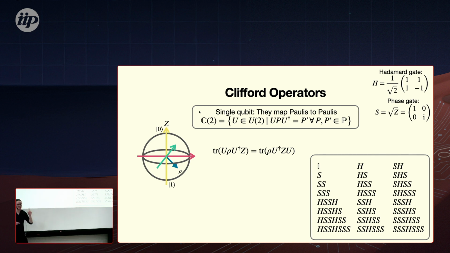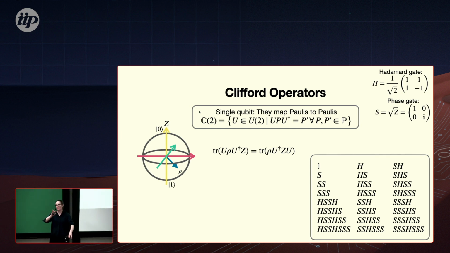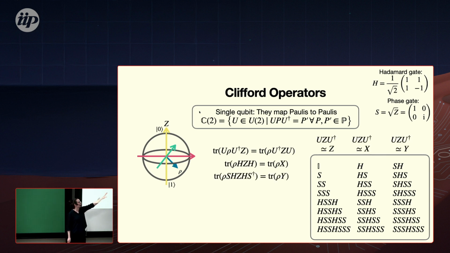And now we want the matrices that, or we just need one that maps the Z Pauli matrix onto itself. This would be the Z measurement. Then we need one, which is obviously the identity. Then we would need one unitary that maps the Z matrix onto X, and then one that maps Z onto Y. So we just need to pick two of them. And I already worked that out for you.